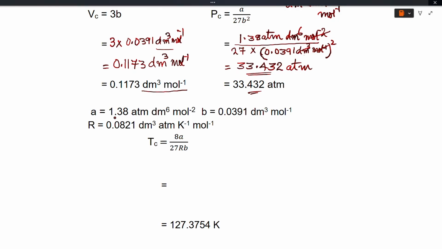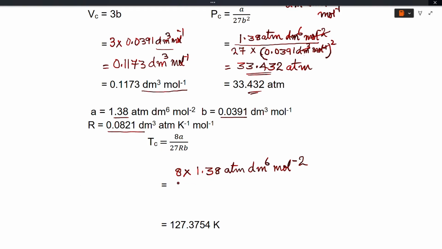Okay. Now, moving to the calculation of Tc. See here I have put the value of R as 0.0821, and a and b are the data given in the problem. Choosing R should be done with much care so that there will not be much error in our answer. So, substituting, first is 8 into a. A is 1.38 atmosphere decimeter raised to 6, mole raised to minus 2.